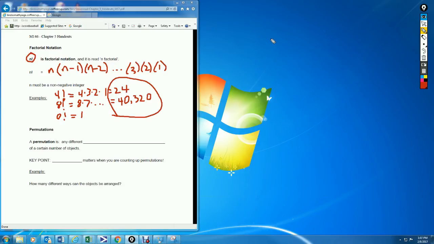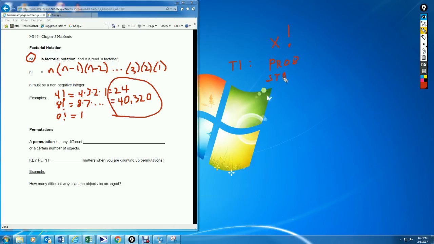So what you should be looking for is a button that is maybe like this. And it's probably not a main function, it's maybe a second or third function. For some of you that have certain TI models, you may have to go into a menu, so your button may be labeled either prob or stat.